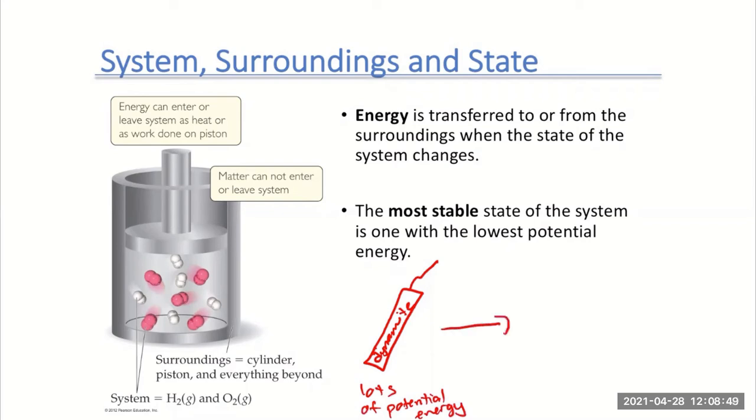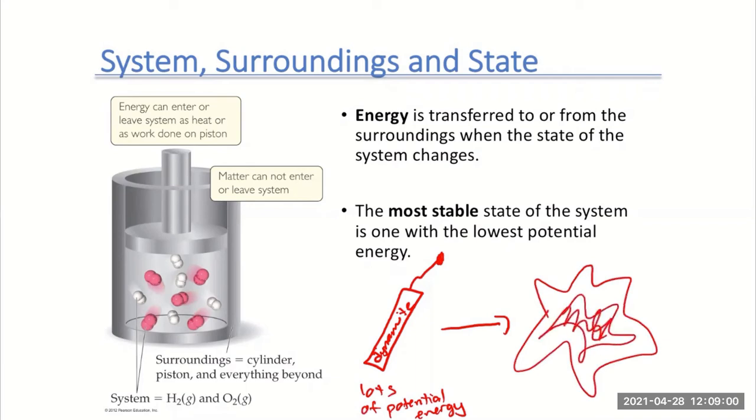Once you light the fuse and the fuse burns down, you get your explosion. Now all the molecules that made up the dynamite, when it had lots of potential energy, have now transformed into their elemental forms, which have a lot less potential energy.